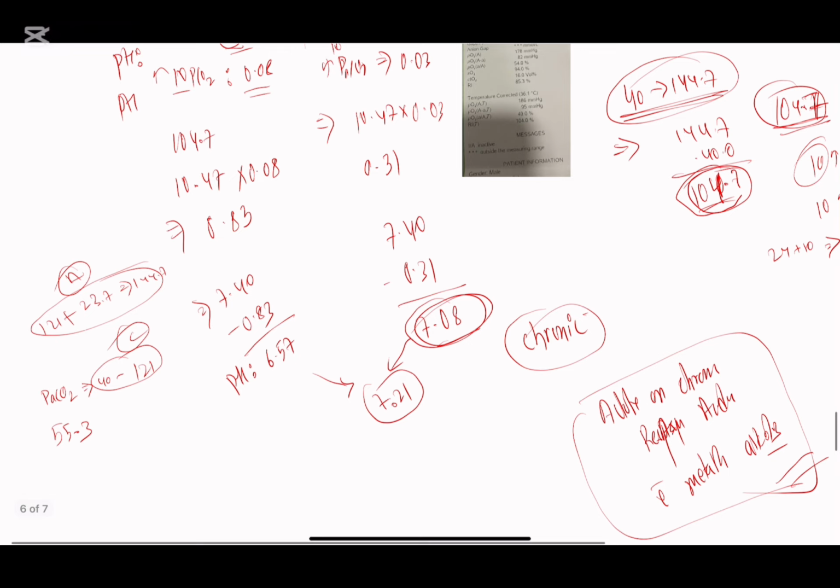In case of chronic, for every 10 change in PaCO2, bicarb changes by 3.5.